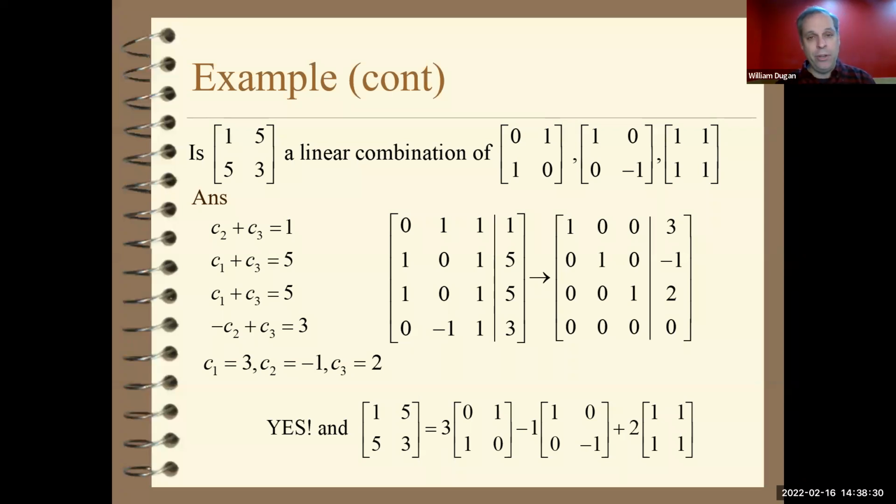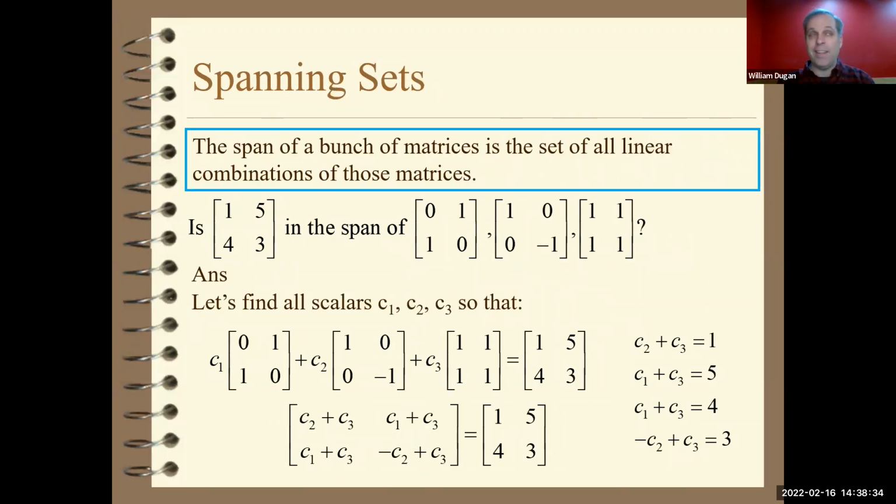Now, once you have linear combinations, we can launch into spanning sets and linear independence, because those are both defined in terms of everyday normal linear combinations. So I'll go through this a lot faster because this is really the same work. We'll say the span of a bunch of matrices is the set of all linear combinations of those matrices. So I want to know, is the matrix 1, 5, 4, 3 in the span of these 3 matrices?